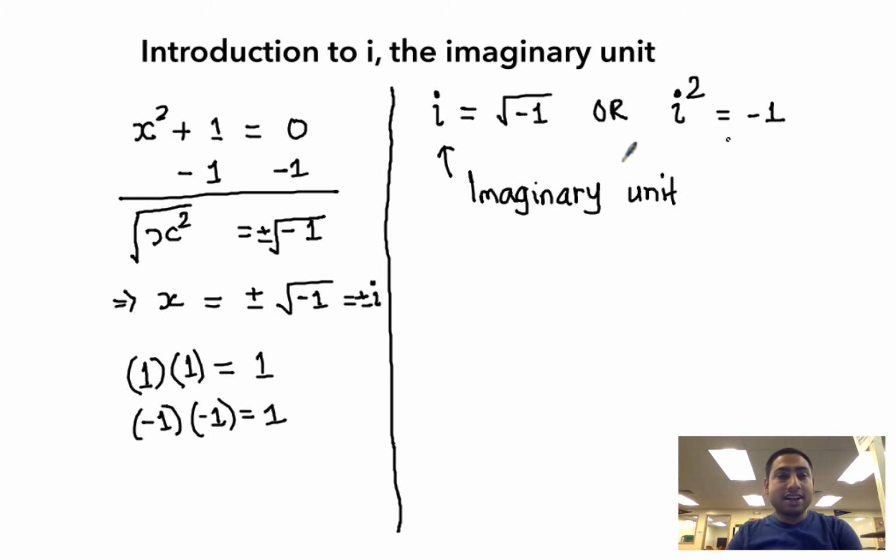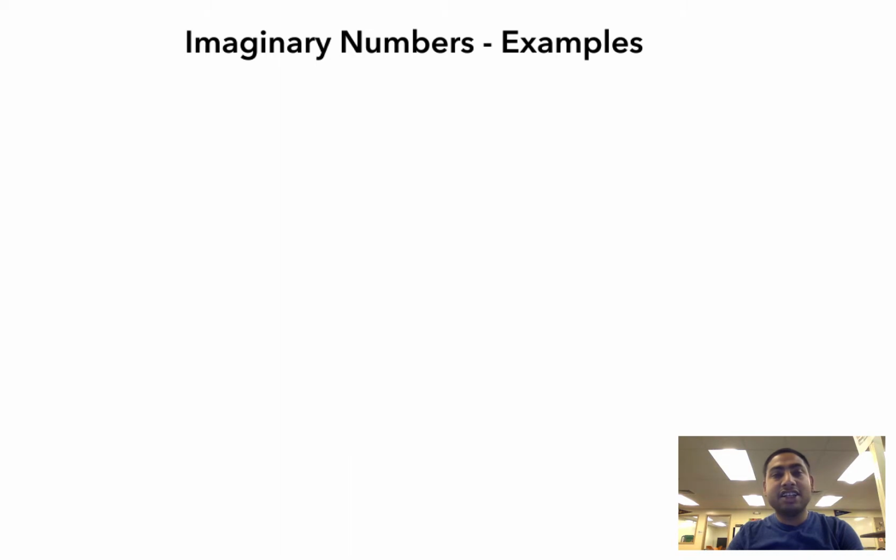Okay? All right. Let's look at some examples of imaginary numbers. Say you want to know the square root of -4.